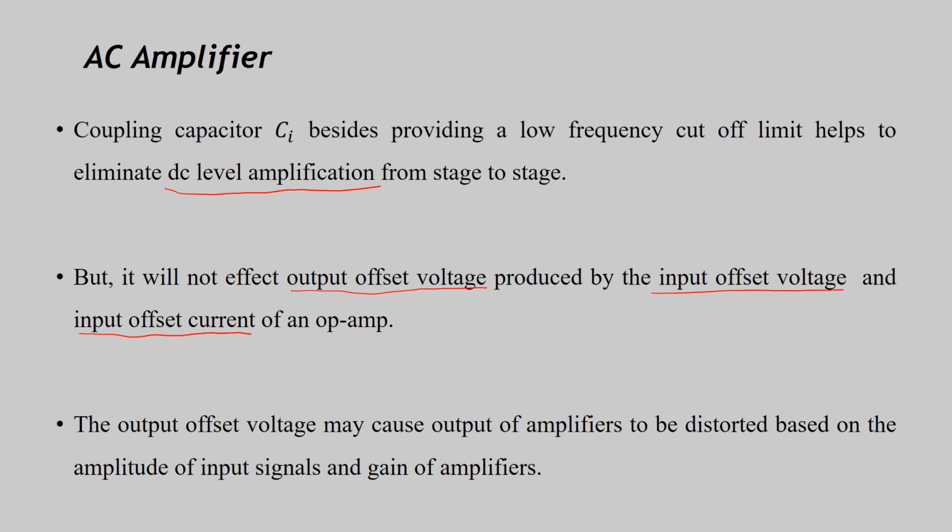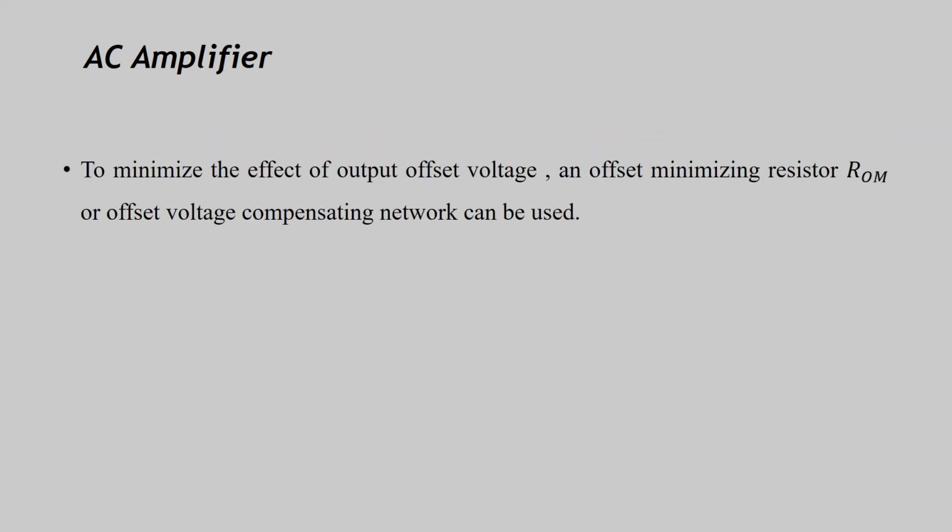The output offset voltage may cause the output of amplifiers to be distorted based on the amplitude of the input signal and the gain of the amplifier. To minimize the effect of output offset voltage, the offset minimizing resistance Rom, as in the previous circuits which we have discussed, or offset voltage compensating networks are used.